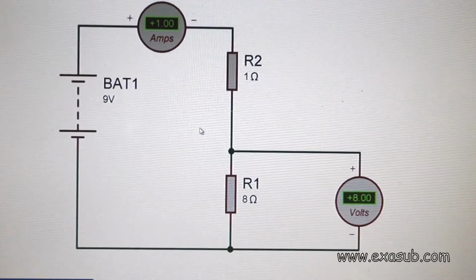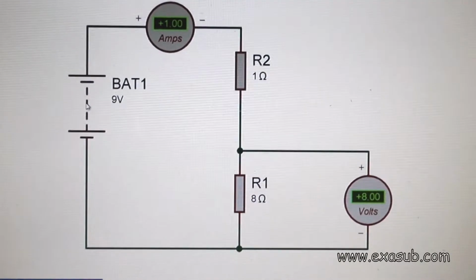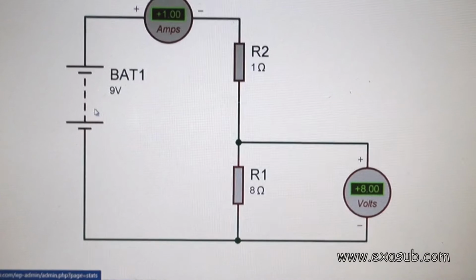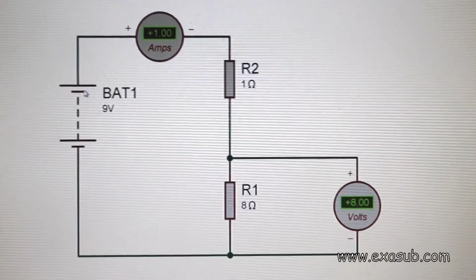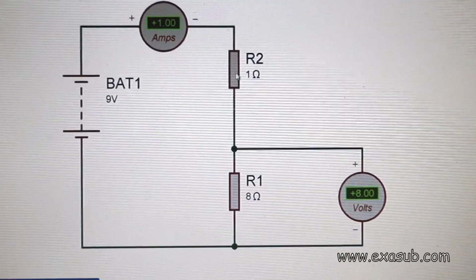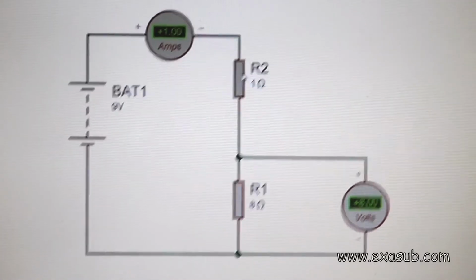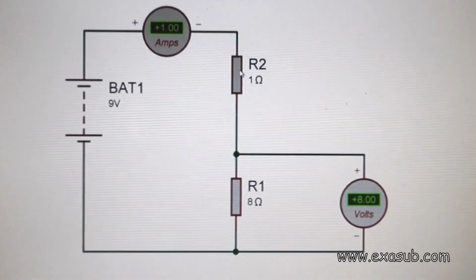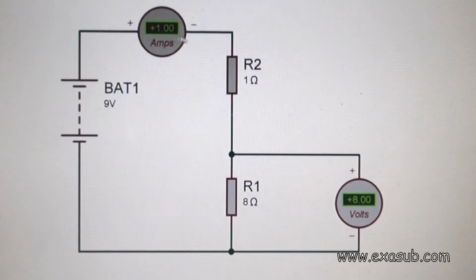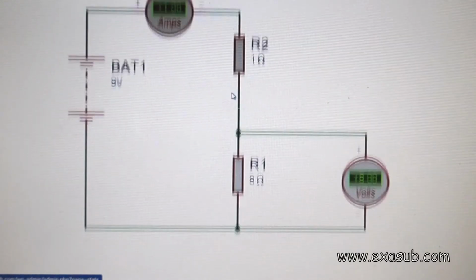Since the electrons flow from the negative side to the positive side, which is the electron flow of current, when the electrons reach this 1 ohm resistance, they are obstructed, so they only allow 1 amp of current to be passed through.